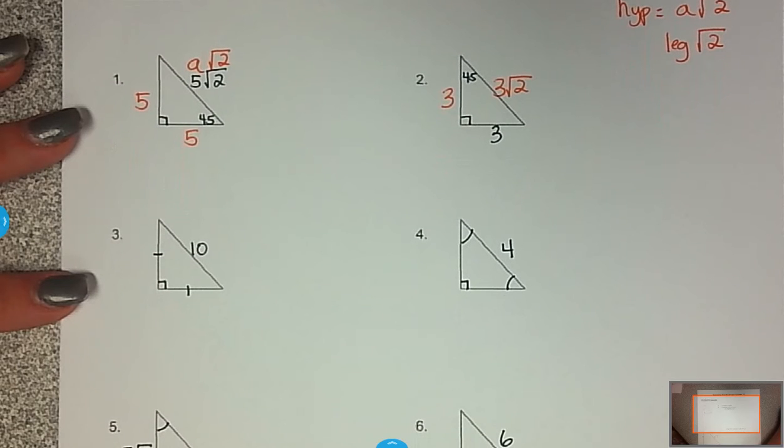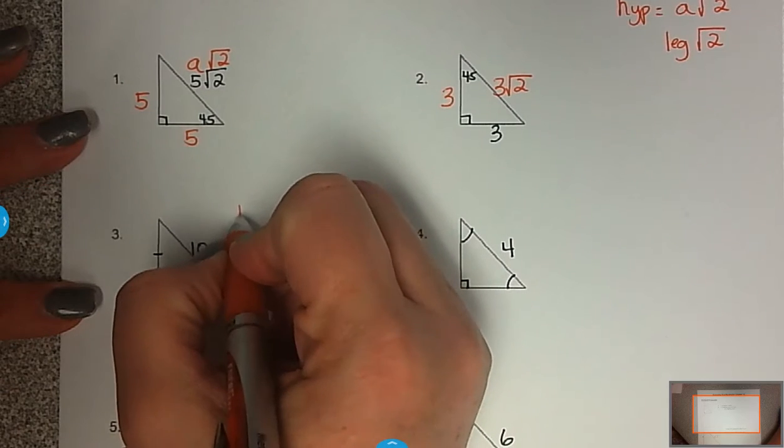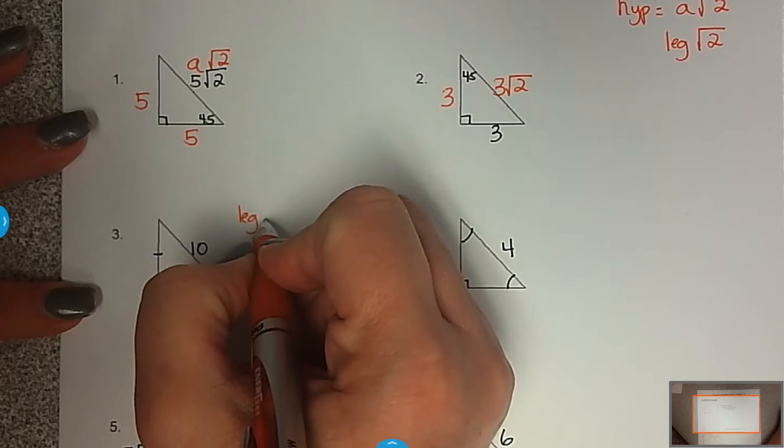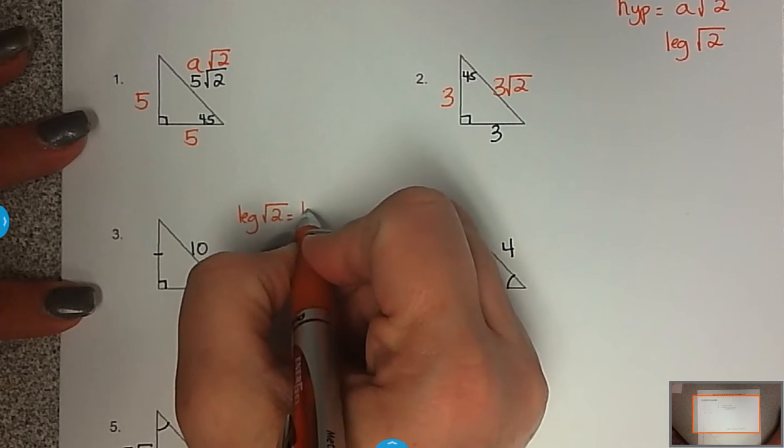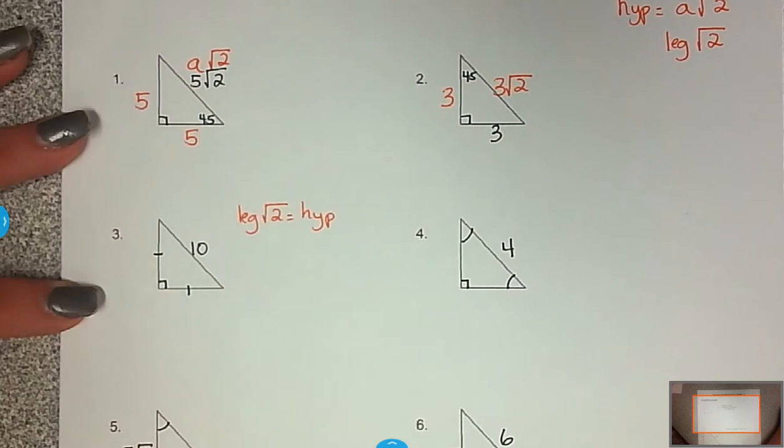So now, for number 3, they've changed things here just a little bit. They've given me a hypotenuse, but it doesn't have a square root of 2 on it like it is supposed to. So that's where I'm going to use my formula. Okay, my leg times the square root of 2 is equal to the hypotenuse.